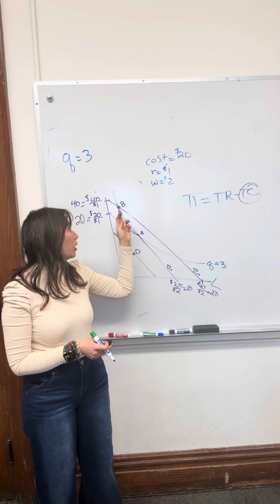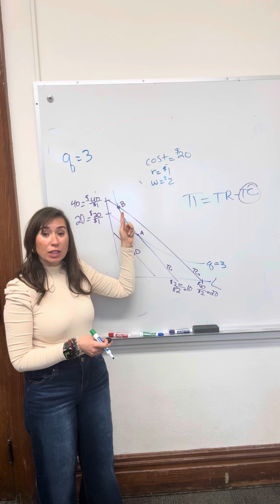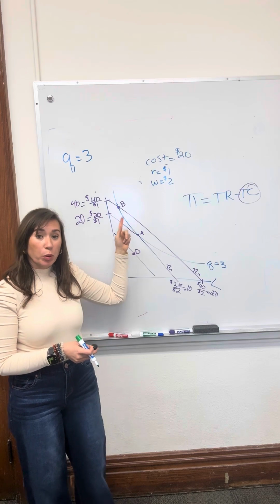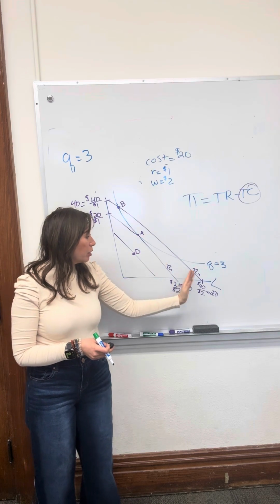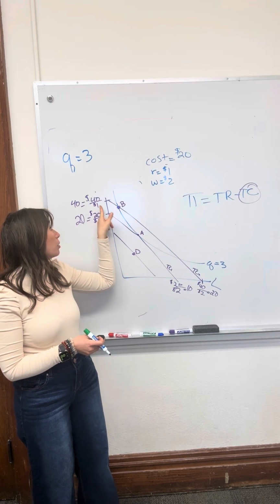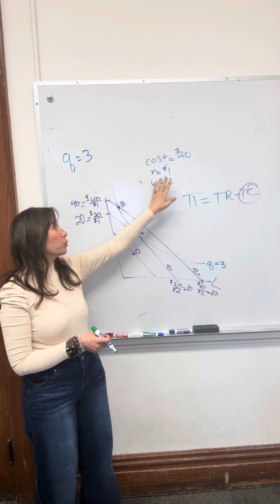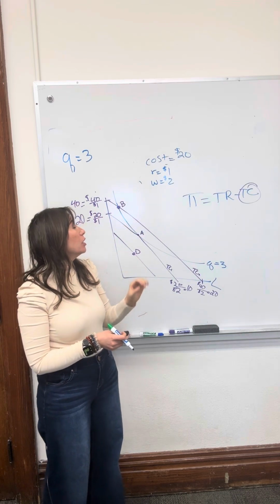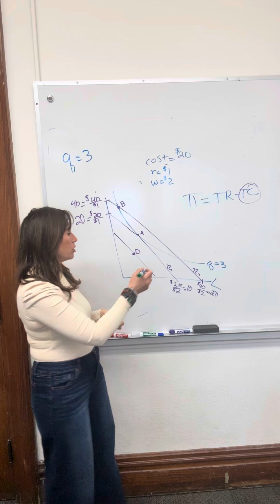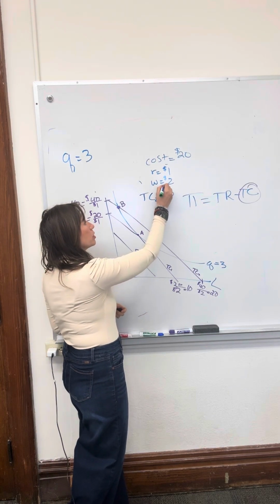And so if I were to choose to produce with the level of labor and capital associated with point B, I find that my total cost to produce is equal to 40 divided by 1 gives us 40 units of capital, and the rental rate for capital is $1. And so our total cost associated with TC2 is equal to $40.